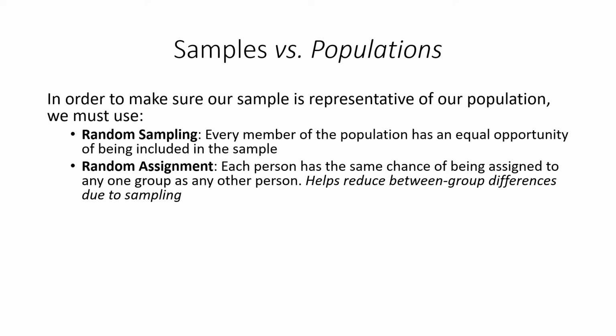Maybe it was a different time of the day. Maybe something had happened in the country that caused people to feel differently. So because of that, you need to make sure that every single person who comes in has an equal chance of being in any of the groups.